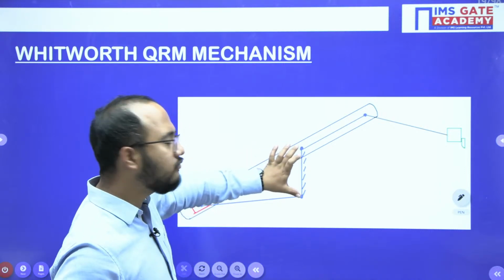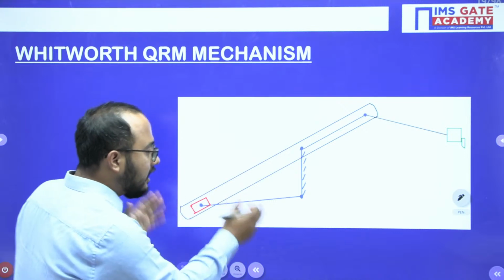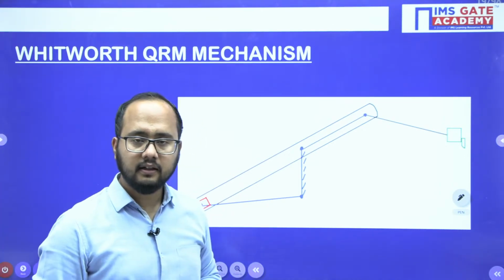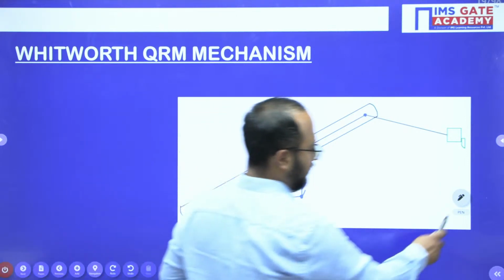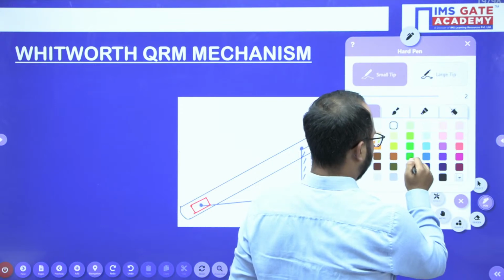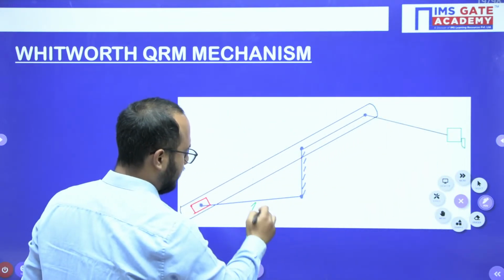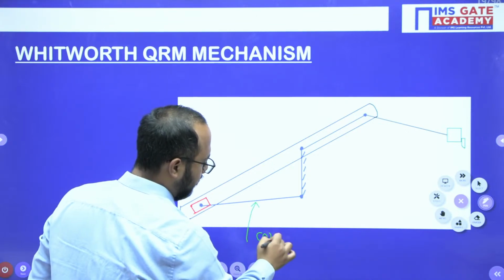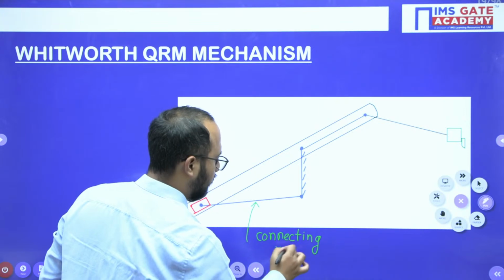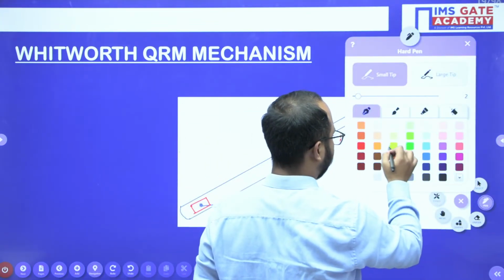Now here what will happen? Your crank is fixed, yes, that is correct, crank is fixed, but the connecting rod will act as a driving crank. Clear, everyone? No, I will mention it here. Now see, this is what we are having as the connecting rod, which is acting as a driving crank, right?